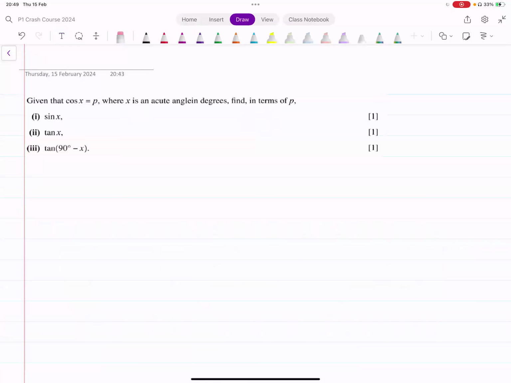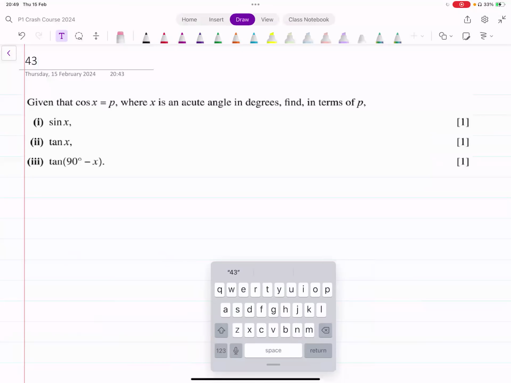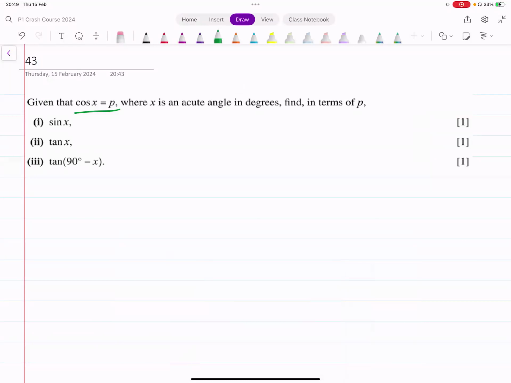In this case, for instance, they've told you that cos of x equals p, where x is an acute angle in degrees. And what you have to do is find, in terms of p, sine x and tan of 90 minus x. That's what you want to find using cos of x equal to p. This is what we want to learn today.